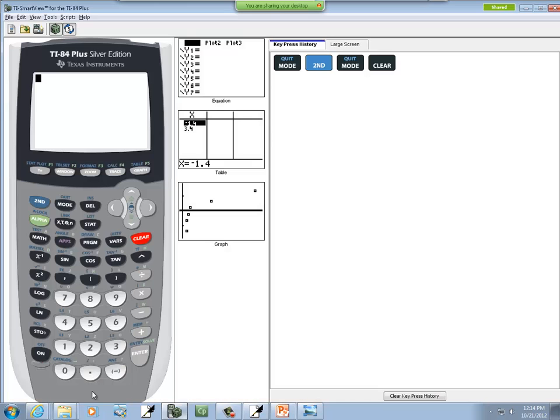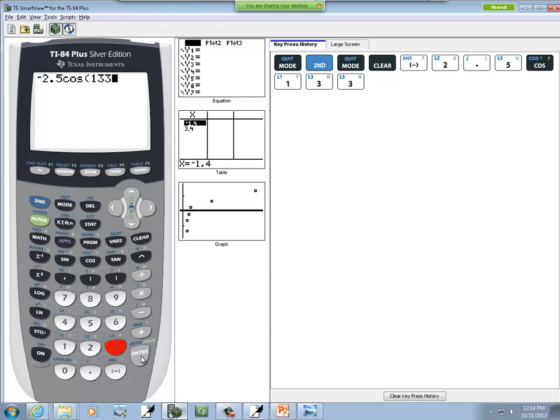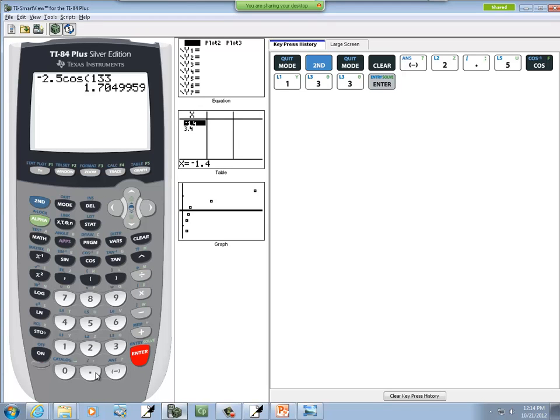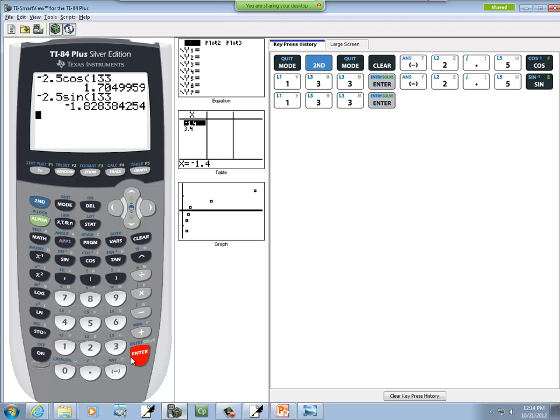Okay, so our first one, we got negative 2.5 cosine of 133 degrees. And we get 1.70, 1.7. And the y. I'll have negative 2.5 sine of 133. And we get negative 1.83.